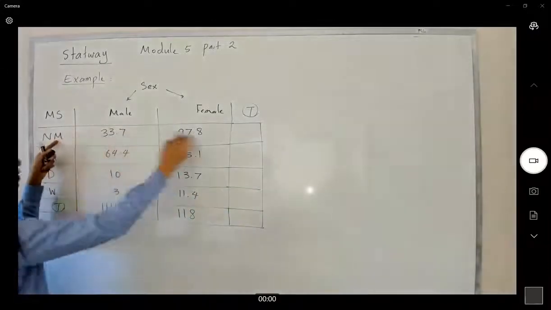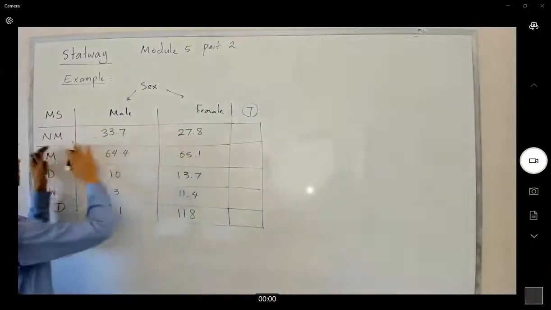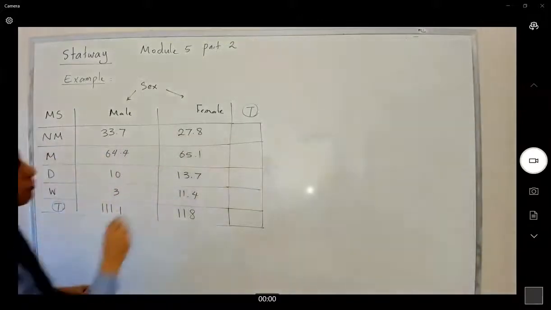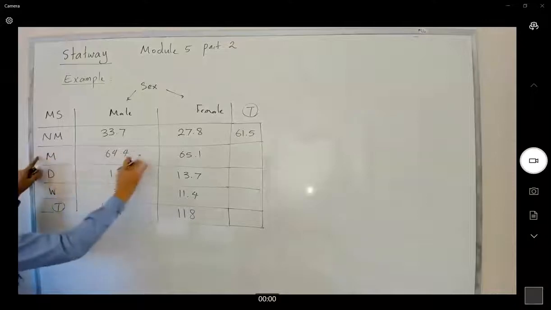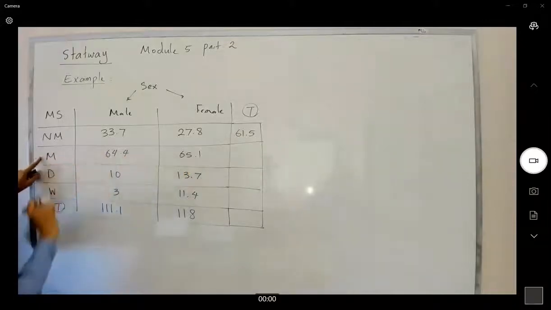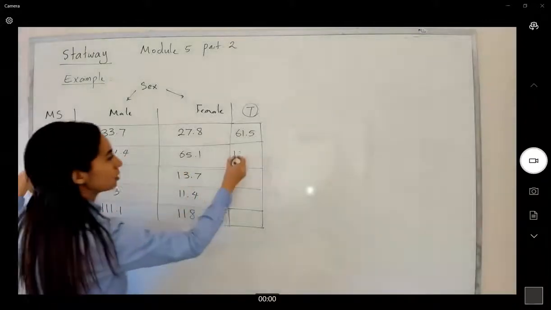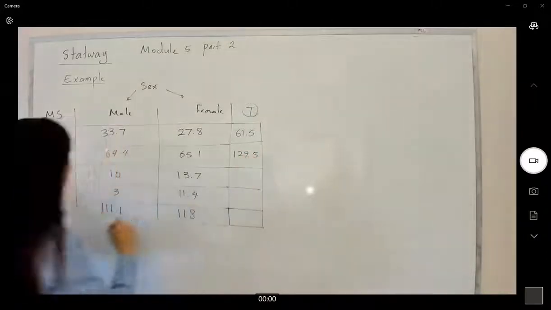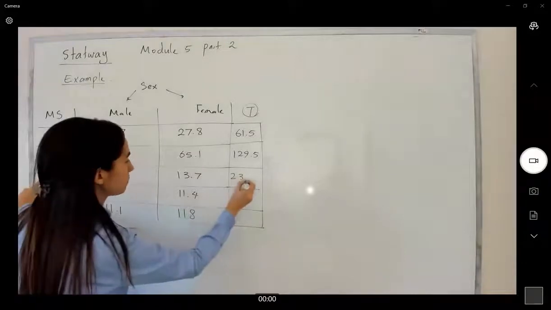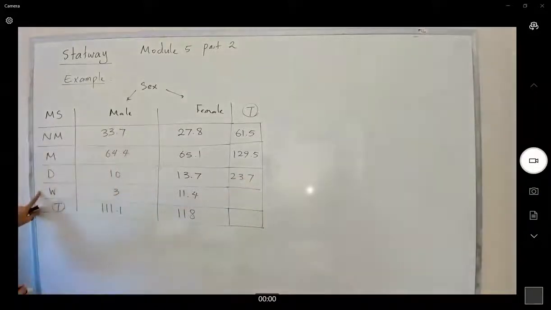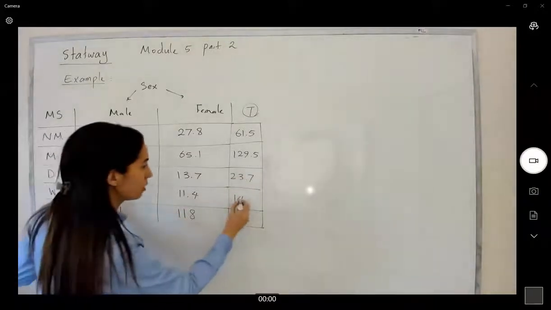So the total number of males and females that never married is 61.5. The total number of males and females married is 129.5. Then divorced is 23.7. And widowed, we get 14.4.